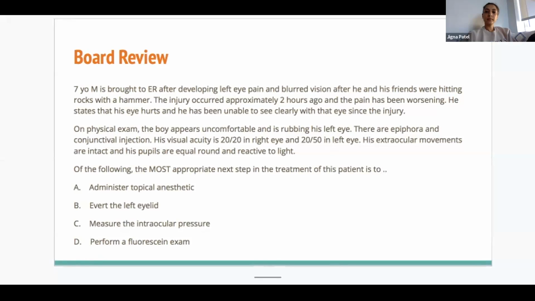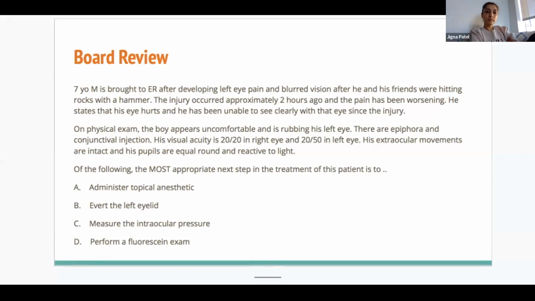So what do you guys think? What are you concerned for in this patient? I'll give you guys some time to think about it. What do you think is going on?